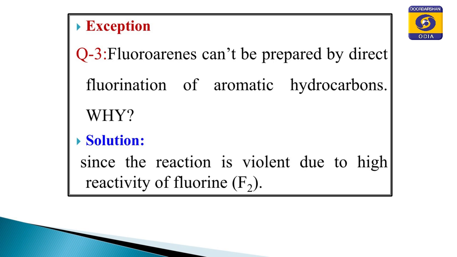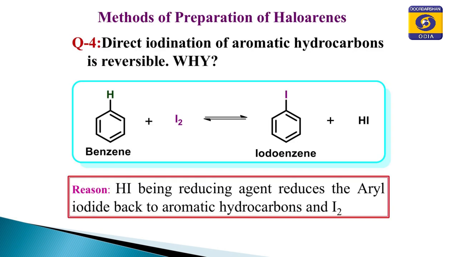Similarly, when we consider the iodination of aromatic hydrocarbons, that iodination is also found to be reversible. It is not so smooth, just like the chlorobenzene and bromobenzene preparation. Since it is reversible, the iodobenzene that you prepare again gives back the aromatic hydrocarbon. So, our purpose is not fulfilled.